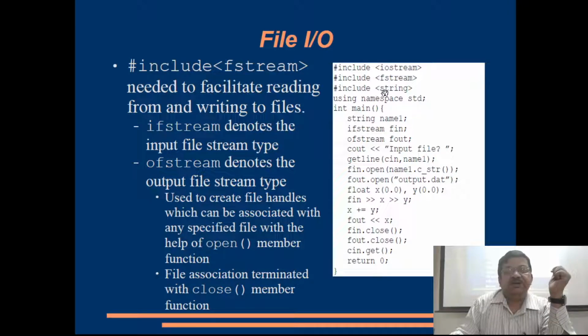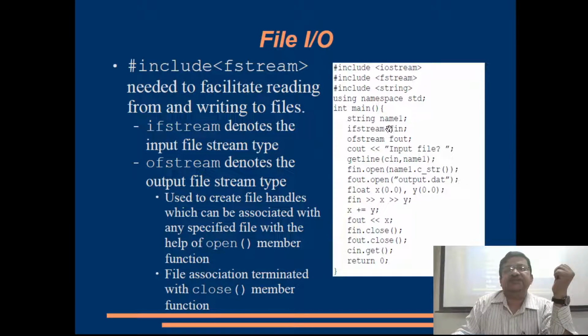And string is just another data type we can have. For manipulating the string data, we need the header file of string. Then we use a standard namespace. Then the standard function definition, main.